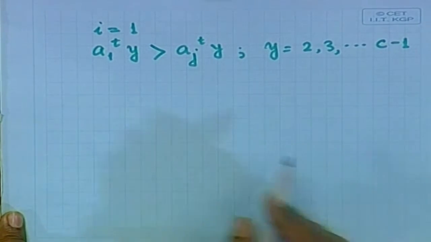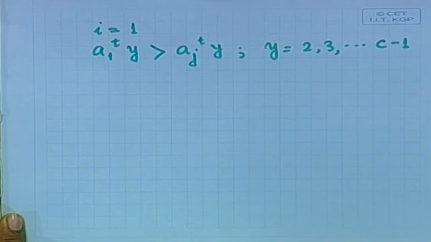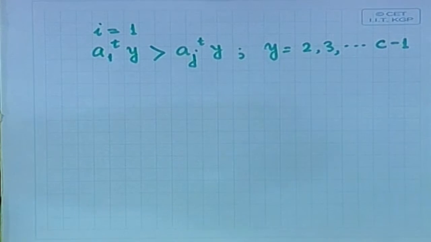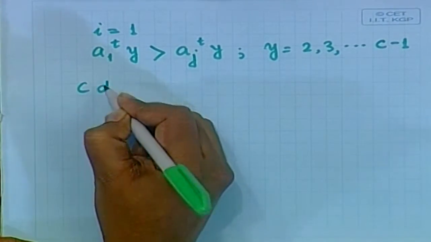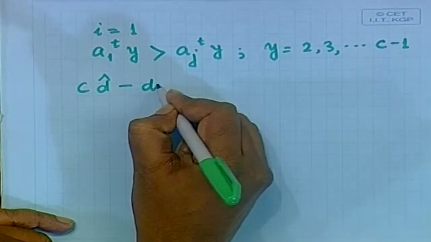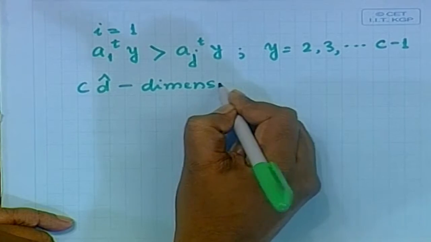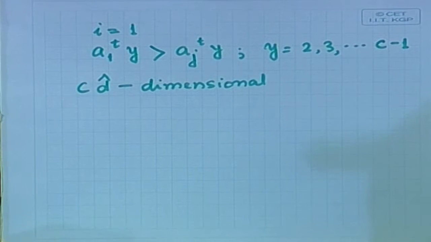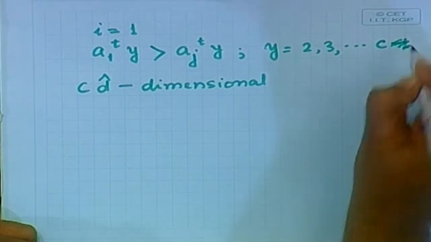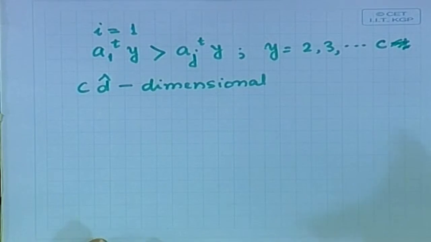We find that all these C minus 1 inequalities can be put in a unified approach. Sorry, j goes from 2 to C, not C minus 1; the total number of inequalities is C minus 1.